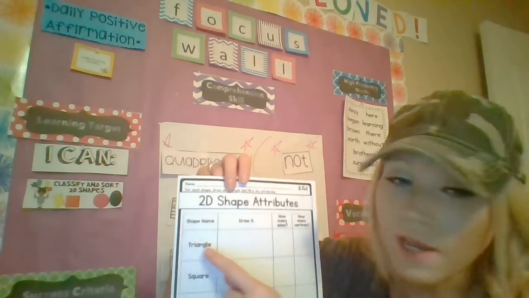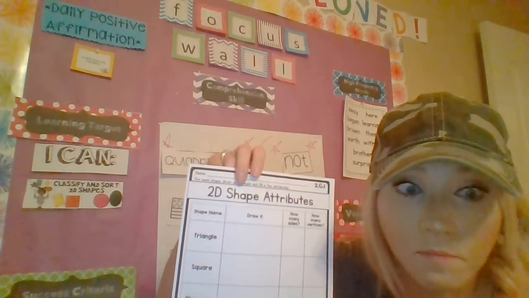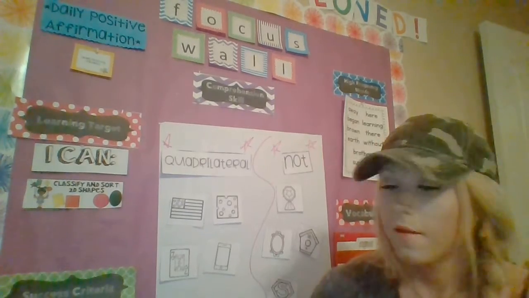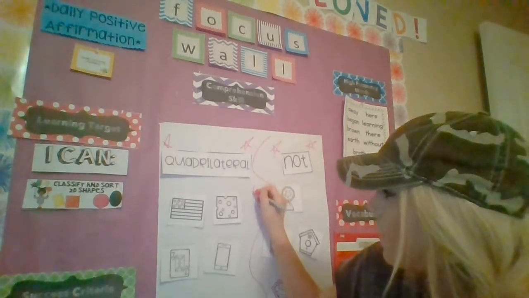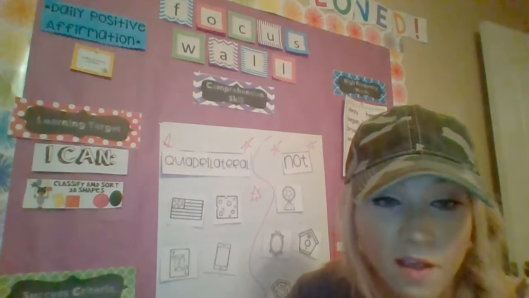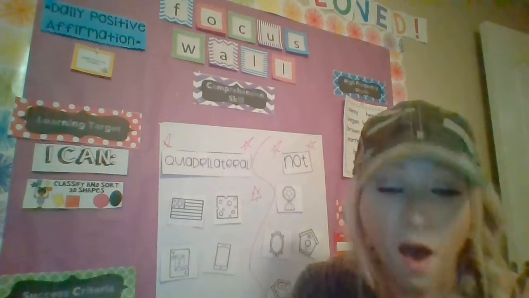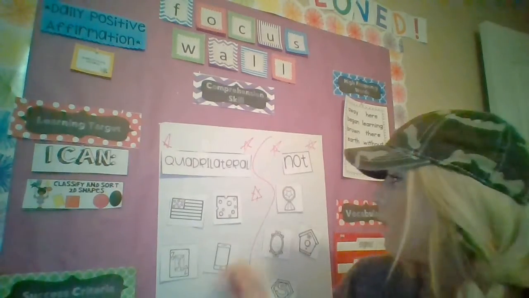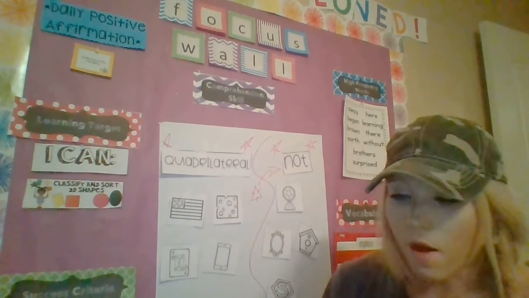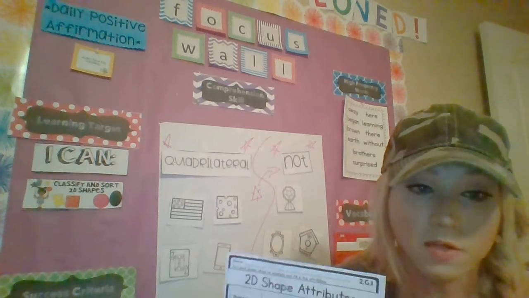So for the first one, hint, triangle. Is a triangle a quadrilateral? Think about it. This is a triangle. 1, 2, 3, 3 sides. So that is not a quadrilateral. So that would have gone on the not side. So this is an example so you know how to do it.